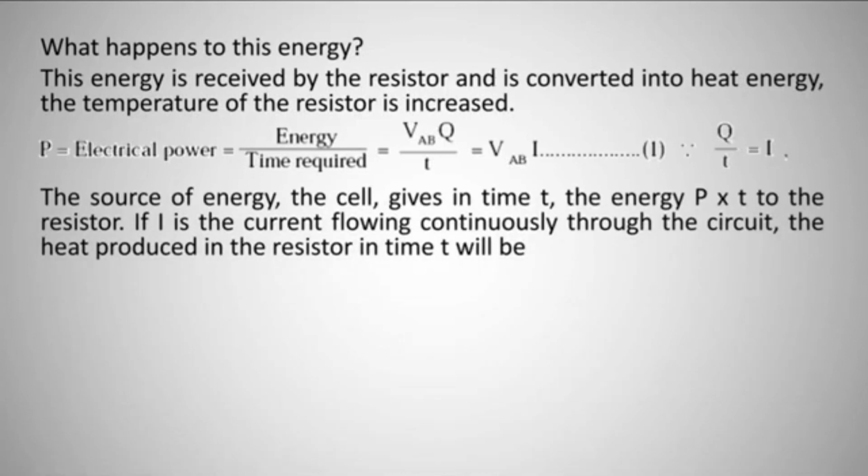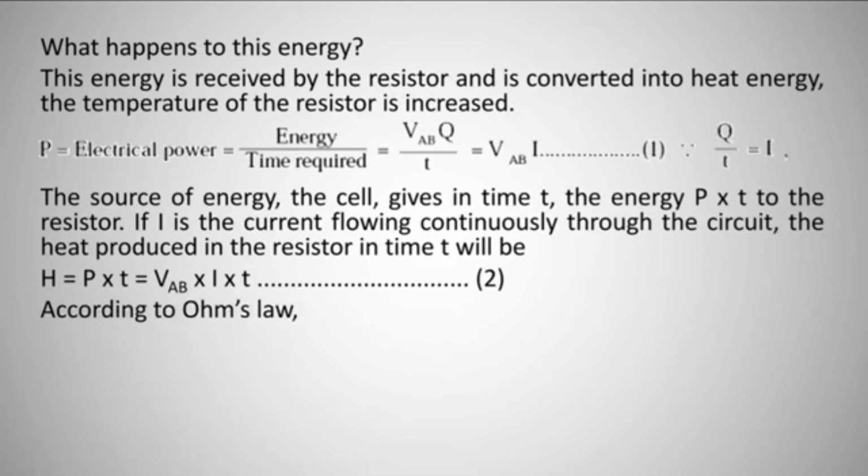The source of energy, the cell, gives the energy P into t to the resistor in time t, if I is the current flowing continuously through the circuit. The heat produced in the resistor in time t will be H equals P into t, which is equal to VAB into I into t.